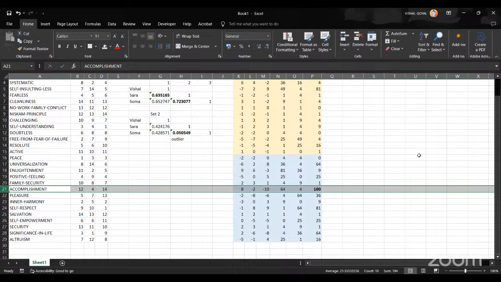Two digits are there, and these three people are very close with respect to the peace. Correct.